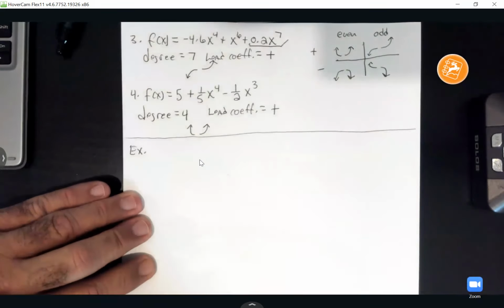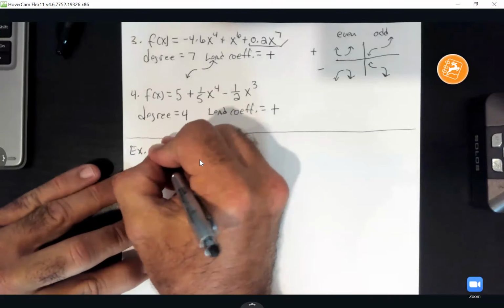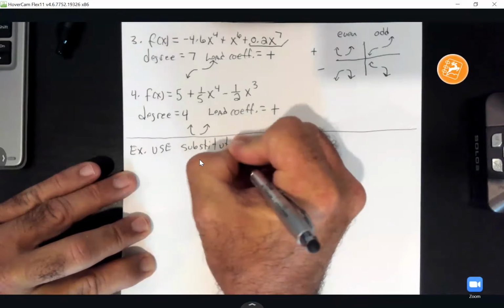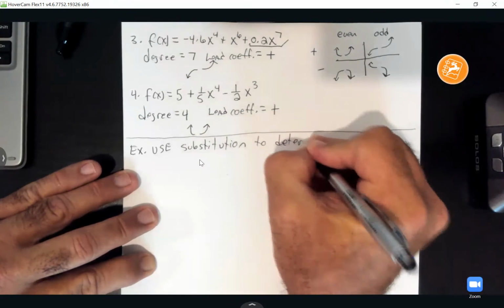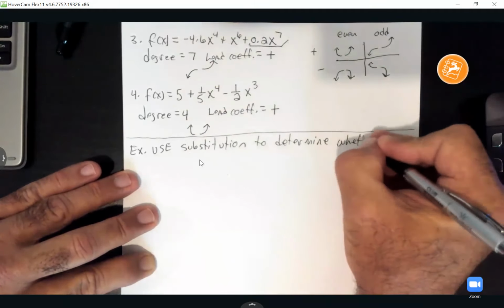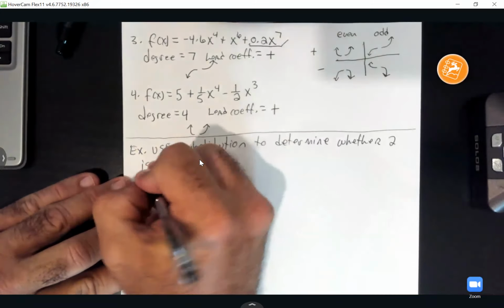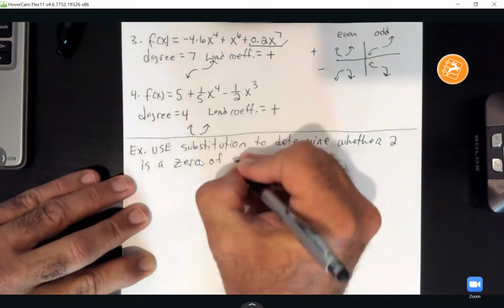All righty. Now, this is almost going back to what we were doing earlier in class. They want us to use substitution to determine whether 2 is a 0 of the following.